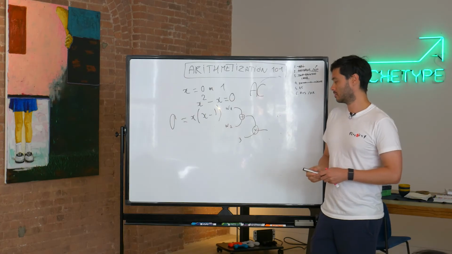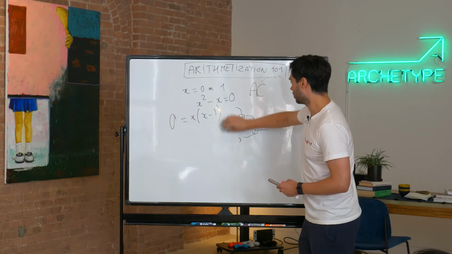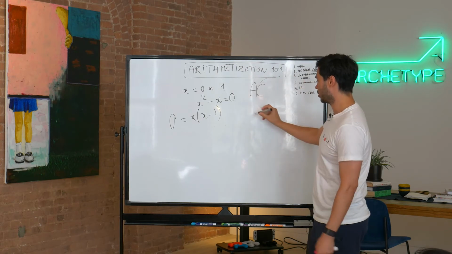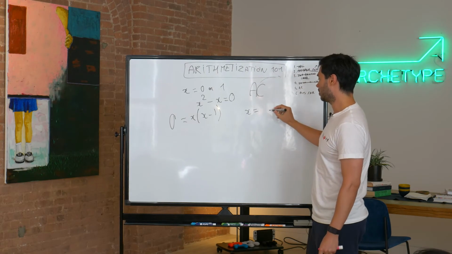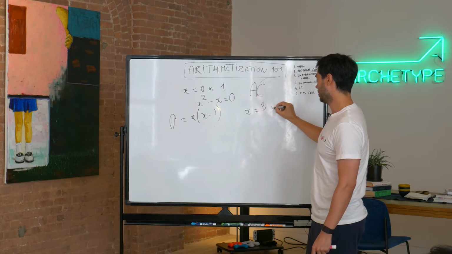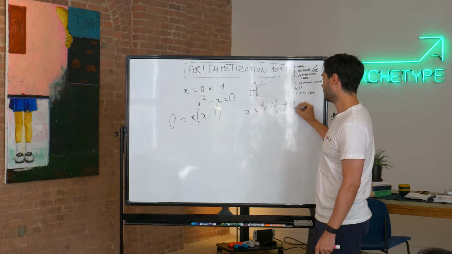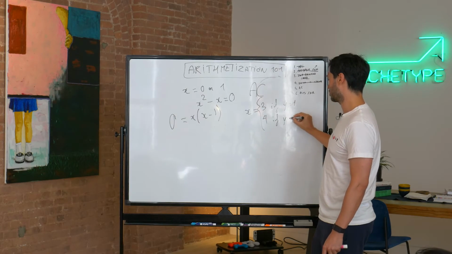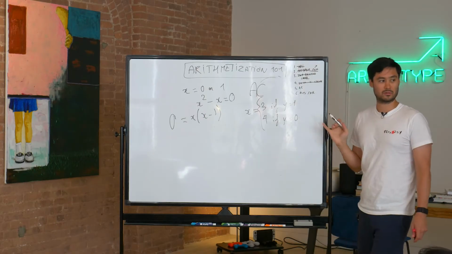Maybe we can see another example. How do we write a ternary expression? So x equals 3 if y equals 1, and 4 if y equals 0. Anybody knows that one?